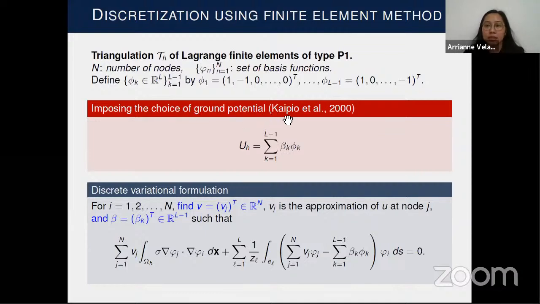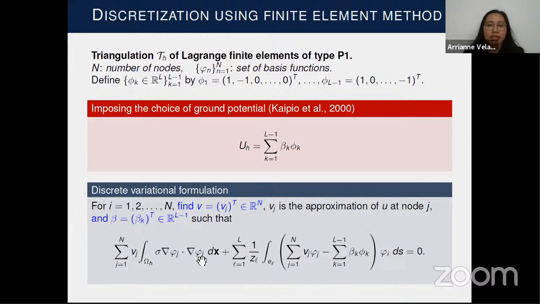This is suggested by Capio and other authors in their paper in 2000. And so now we have the discrete variational formulation. We have this equation as the discrete variational formulation, and we aim to find the vector containing the approximate nodal values of U. And beta here contains the linear combination constants for the boundary voltages.